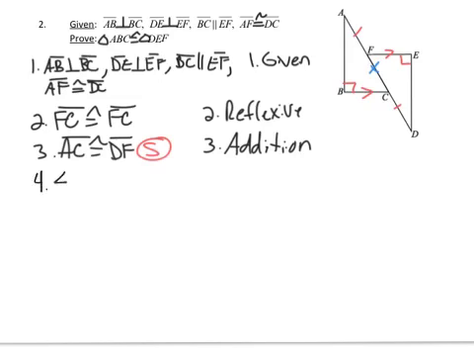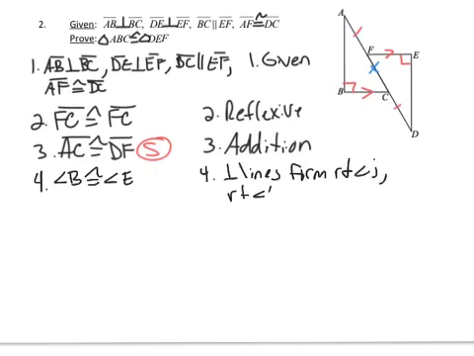So I can say that angle B is congruent to angle E. Perpendicular lines form right angles, and right angles are congruent. All right, so that gives me an angle.